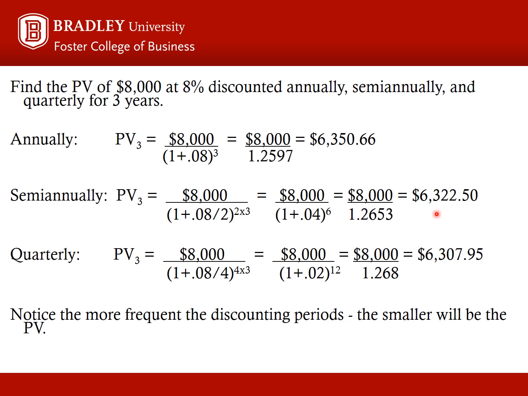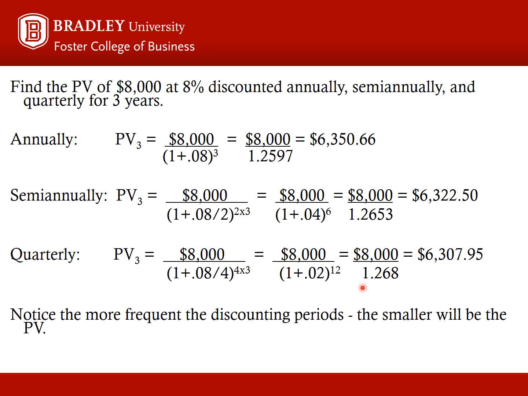Again, if you wanted to use the present value tables, you could, but you would be looking up the interest factor at 4% for 6 periods, and rather than dividing, you would multiply by that present value interest factor. So it'd be 8,000 times the present value interest factor in table 2 at 4% for 6 periods, and you should get something really close to the $6,322.50.